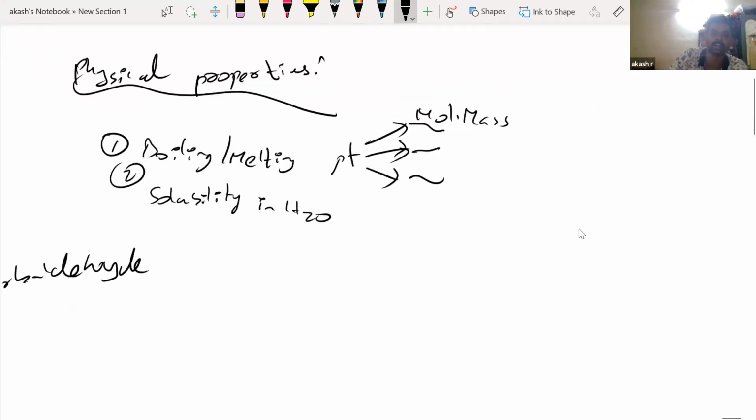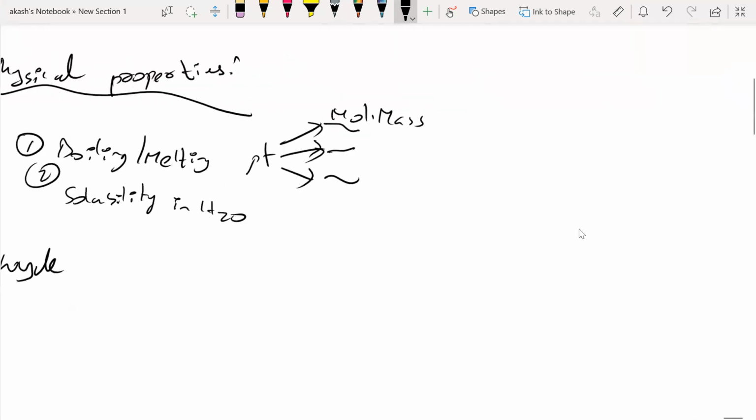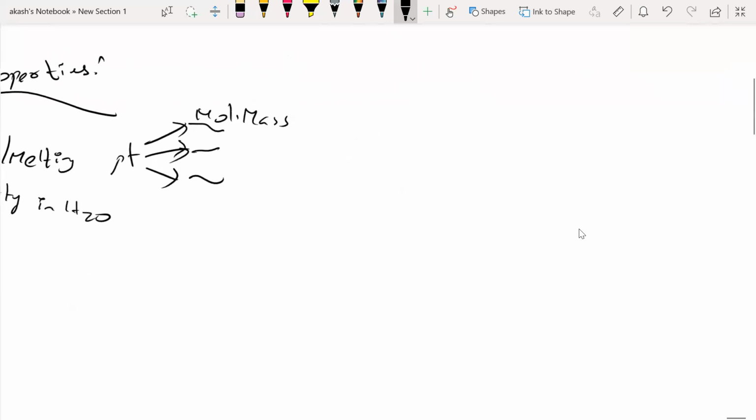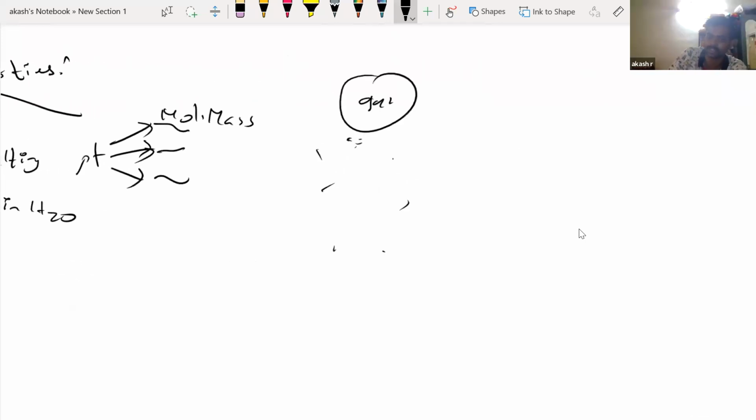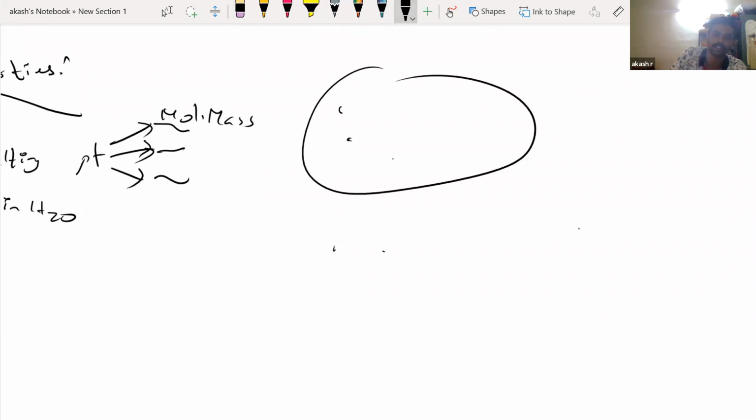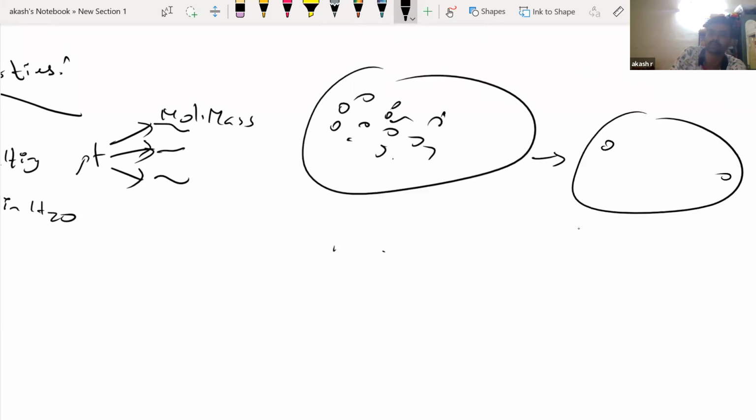Basically, say I want to go from the gaseous state, where the particles are very far away from each other, to the liquid state. Sorry, I'm saying the exact opposite. We are going from the liquid state, where the particles are very close by, to the gaseous state, in which I have to increase the distance between the particles.